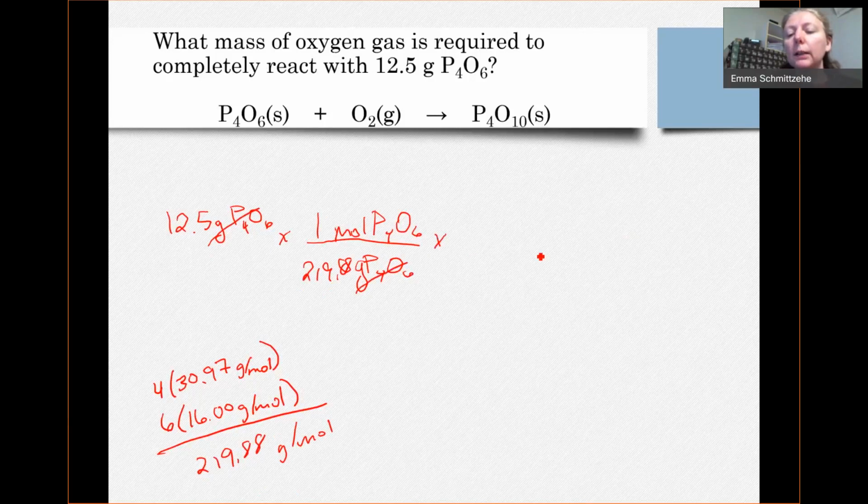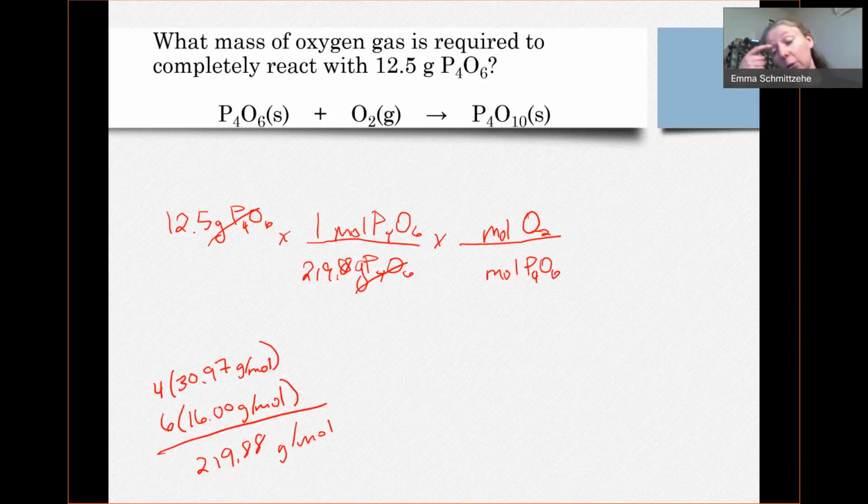And so that means I can convert from one substance to another. So I would put moles of P4O6 on bottom, so it'll cancel, and moles of what I want on top, which in this case is oxygen gas, so O2. And now I need my mole to mole ratio. So I look at the balanced chemical equation.